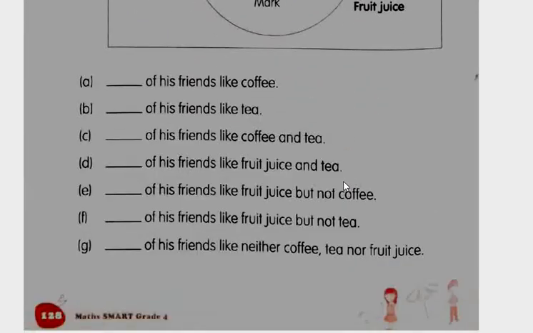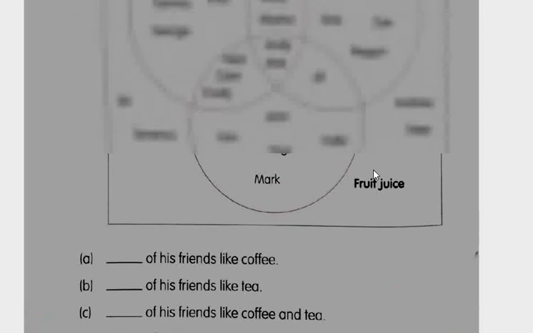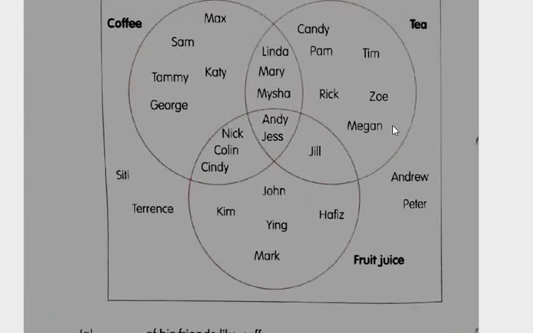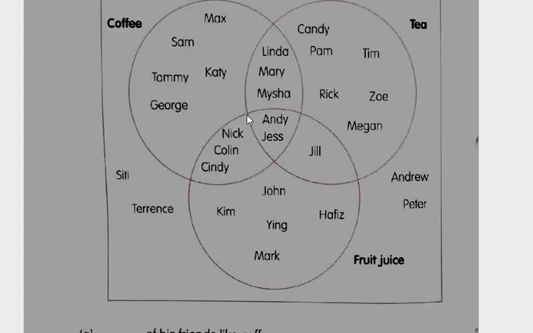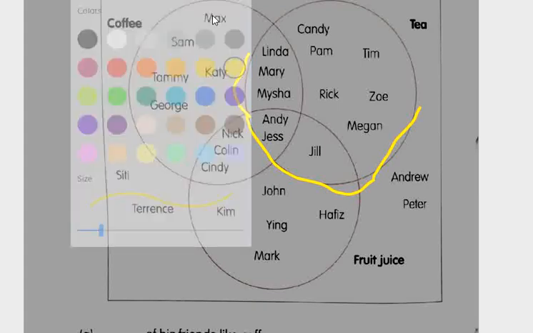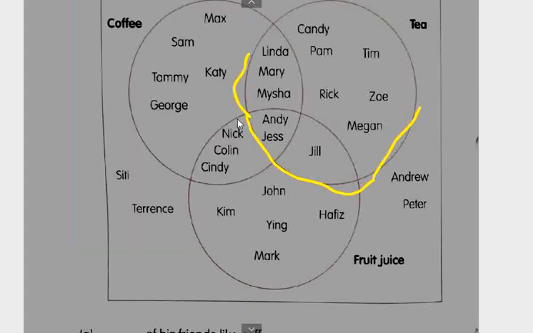Question F. How many of his friends like fruit juice but not tea? Fruit juice but not tea. Okay, the same as the question before. This part belongs to tea, right? But fruit juice has this part, the third circle.